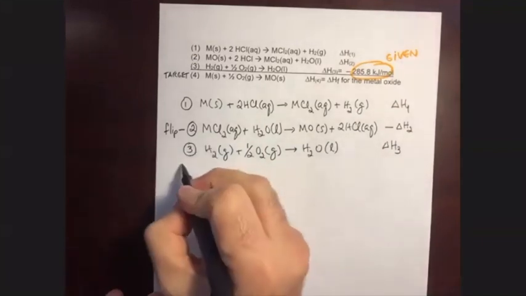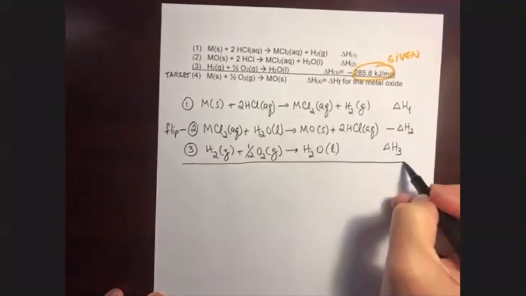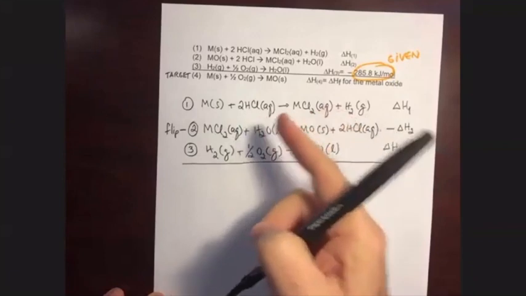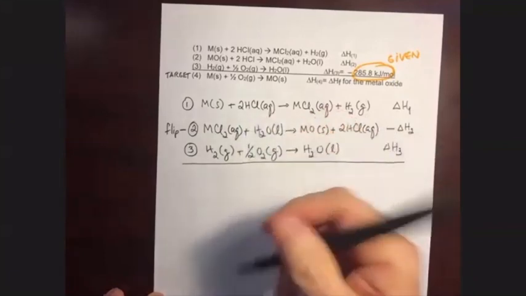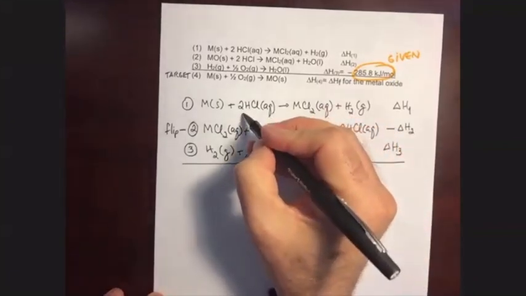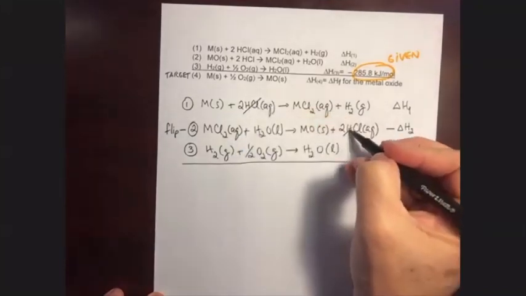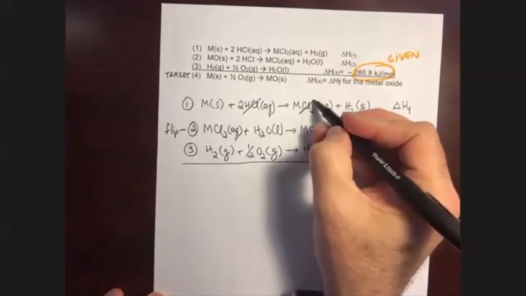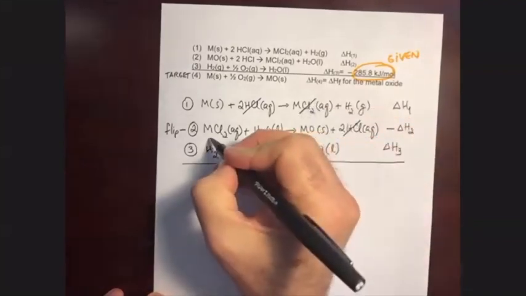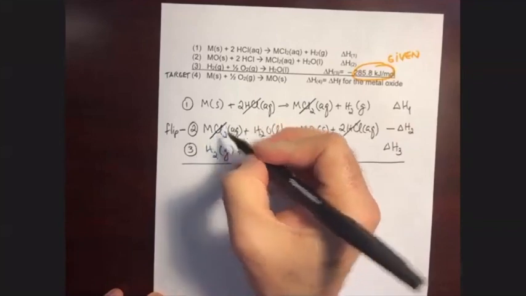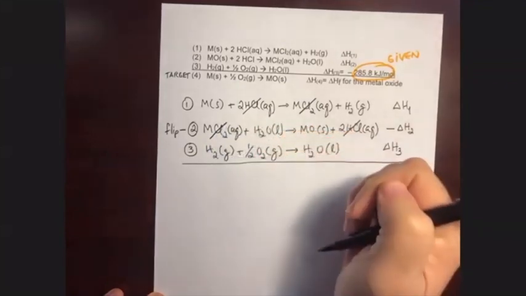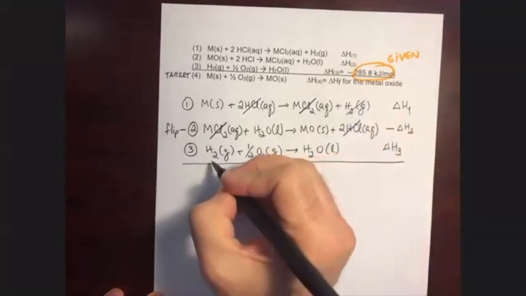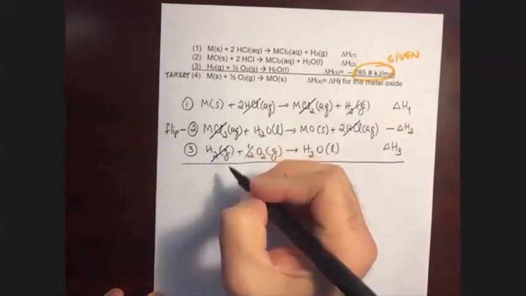So let's see what happens when I add up these three equations. Again, just like in regular algebra, anything that's on both sides of the equation can cancel out. So for example, the 2 units of HCl here will cancel out the 2 units of HCl over there. The metal chloride solution will cancel out with the metal chloride on the reactants side of the flipped equation number 2. The hydrogen gas product of equation 1 can cancel out with the hydrogen gas reactant of equation 3.